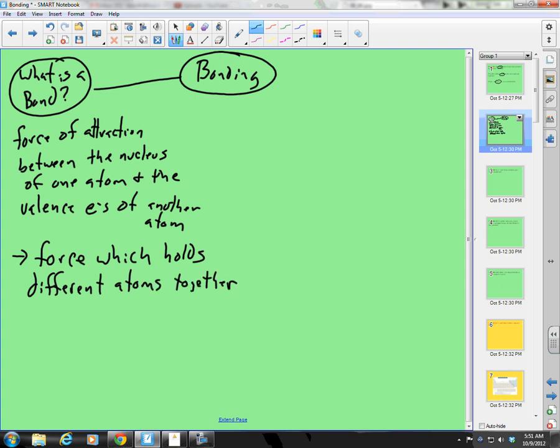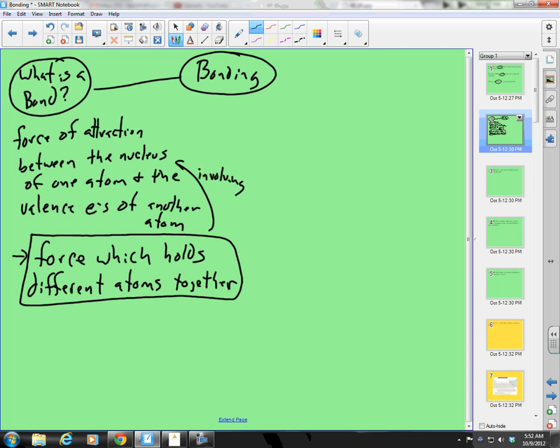And that might be the simplest definition. How does it do this? Or what's involved? This is really what's involved: the nucleus of one atom and the valence electrons of the other atom.